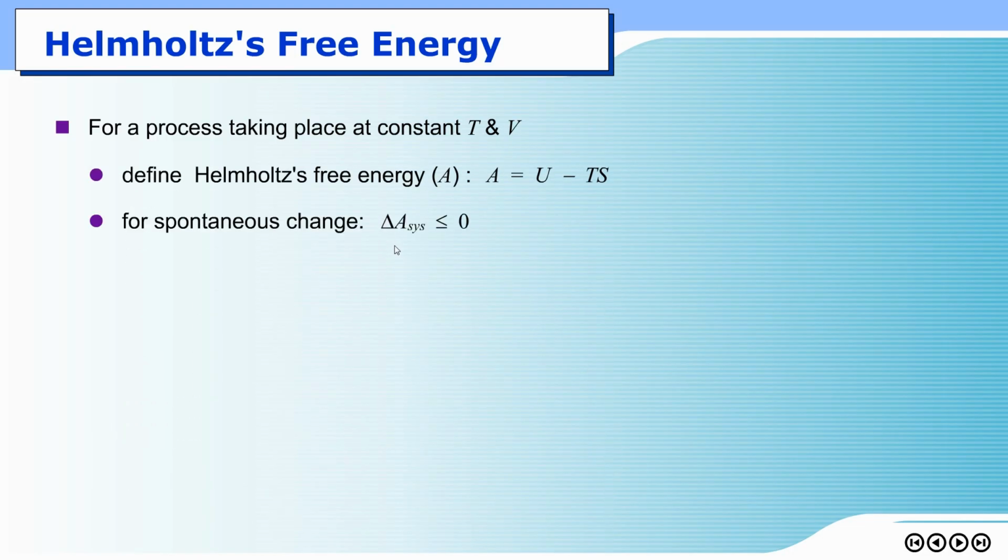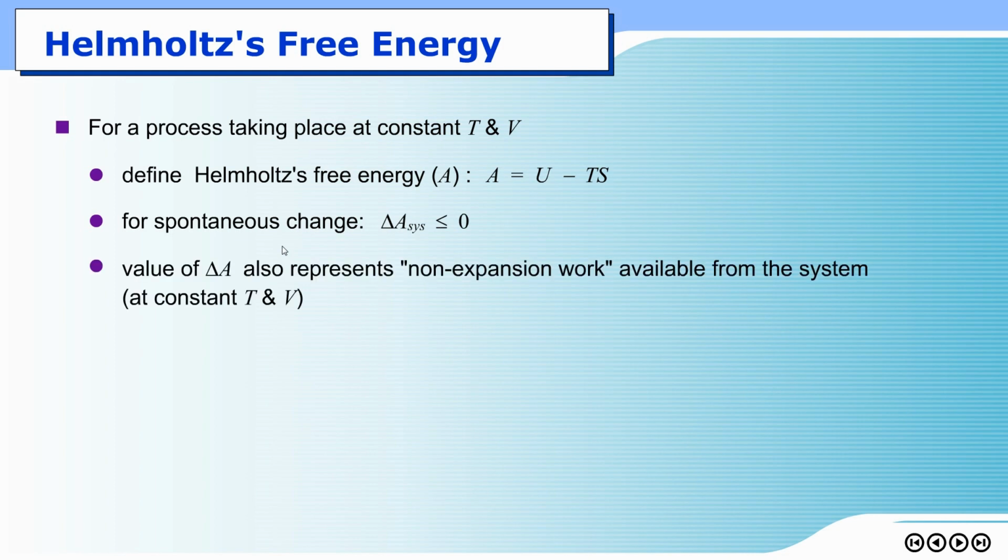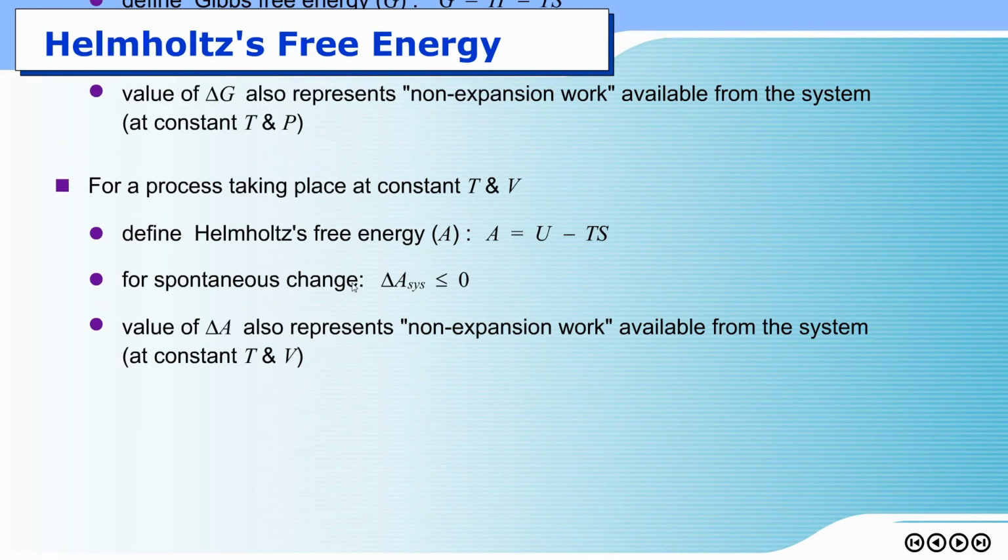So delta A will be our tool for determining process spontaneity. If delta A of the system is less than or equal to 0, then the process will be spontaneous. Again, in a similar manner, you can use delta A to calculate the maximum non-expansion work that you can extract from the system of constant volume, in the same manner as you did for Gibbs free energy.